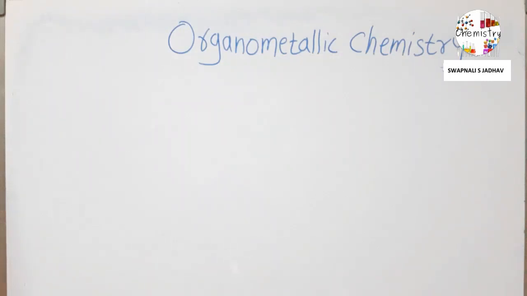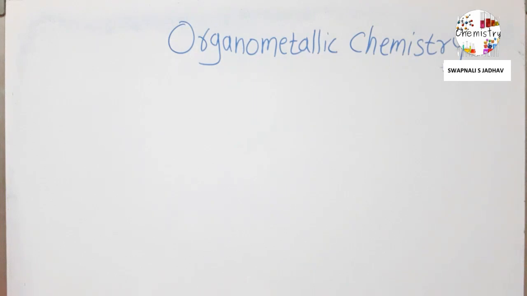We start the second part of organometallic chemistry. In the first part, we saw what is meant by organometallic compounds, nomenclature of organometallic compounds, then synthesis and structural study of alkyl and aryl compounds of beryllium and aluminium.